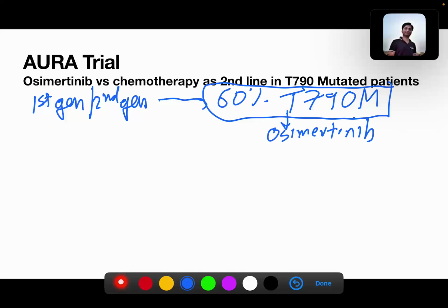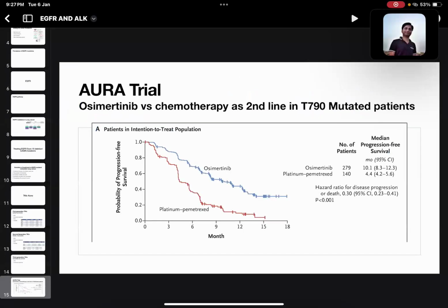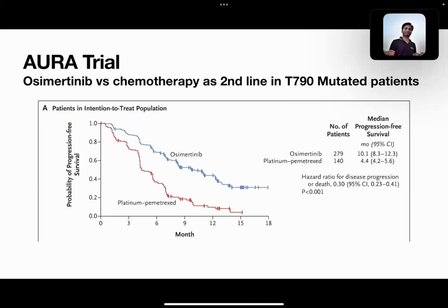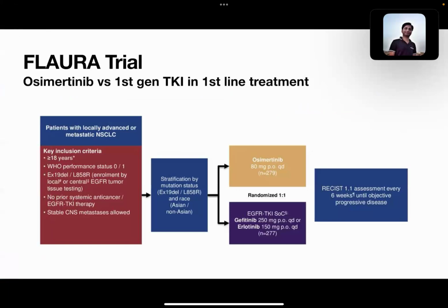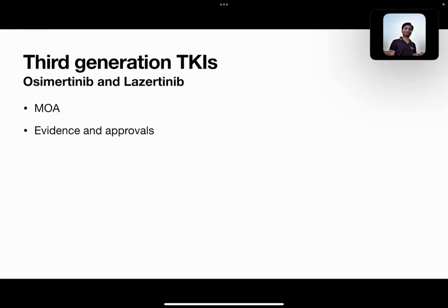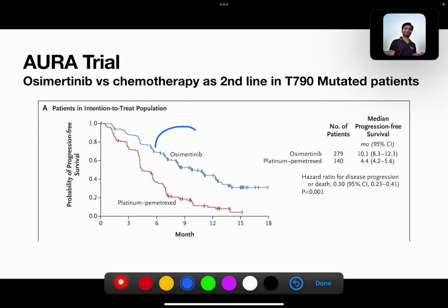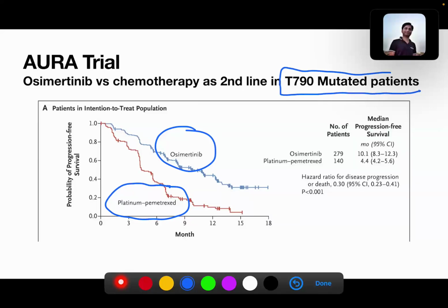So that is a backdrop for the AURA trial. So if you look at the AURA trial, basically it looked at osimertinib versus platinum based doublet chemotherapy post progression on first or second generation TKIs with T790M mutation, right?